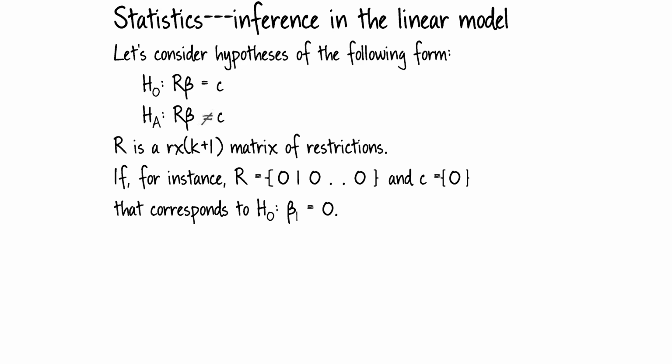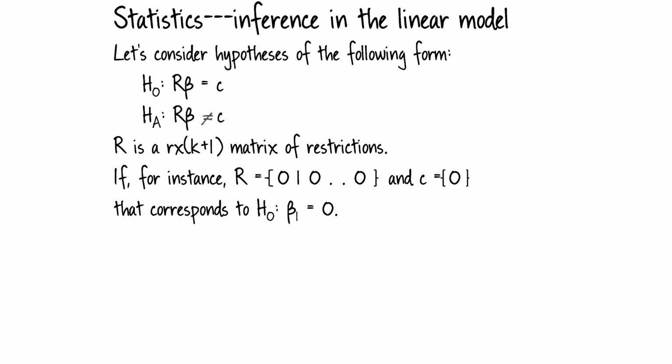Okay. So let's say, for instance, that we set up the matrix R to be just a row vector with a 0 in the first spot, and then a 1, and then the rest zeros. So what that matrix is doing is it's picking out beta 1. Okay, remember, this spot corresponds to beta naught.